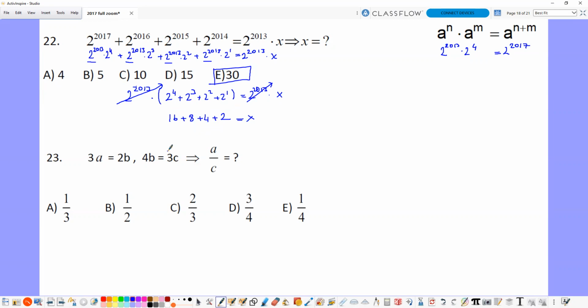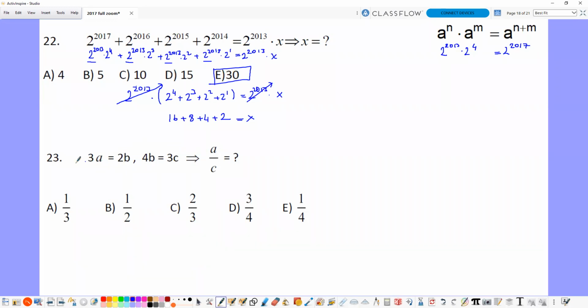Here, this is a kind of ratio and proportion question. We can solve it in the same form, maybe, but we can also solve it in this form. Here, we have 3a is equal to 2b, and 4b is equal to 3c, which means both of them are related to b. Here I have 2b and 4b.